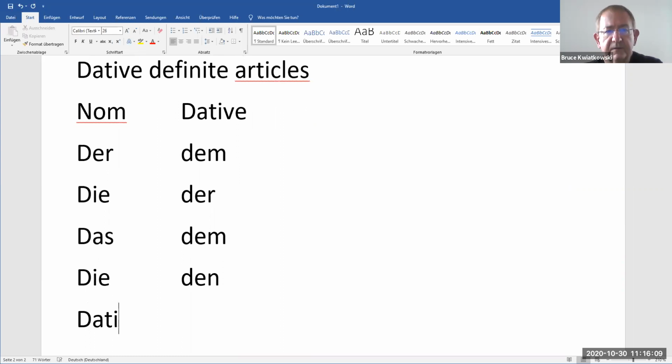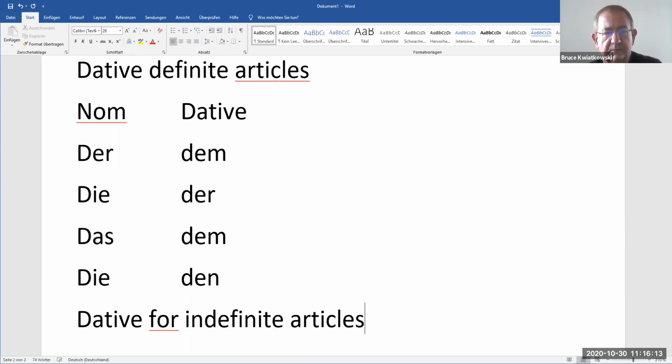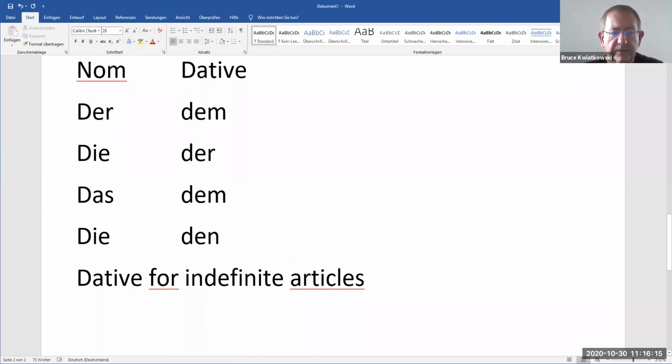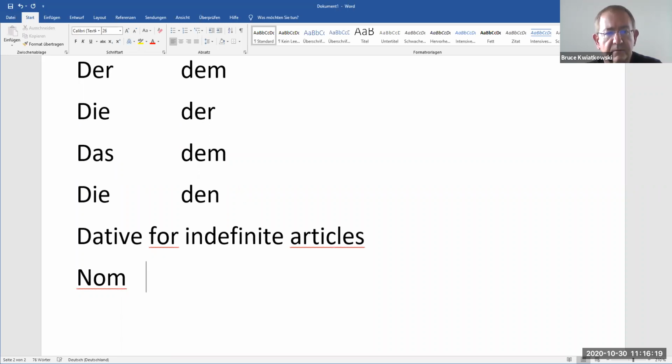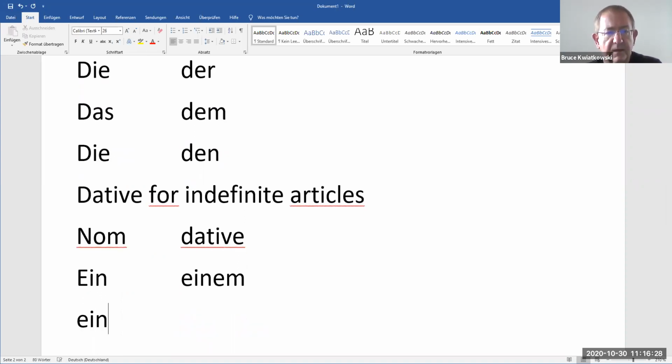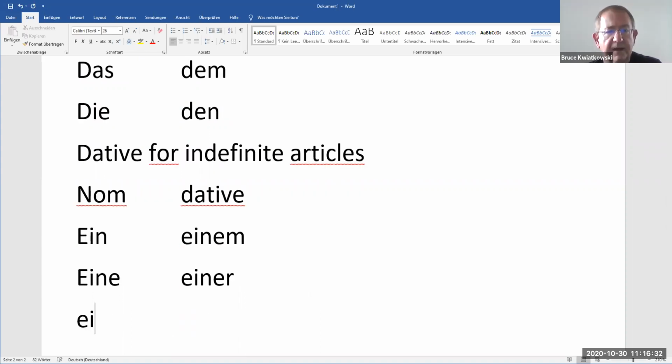Let's look at the dative of indefinite articles. They're going to be, for the nominative, ein, but for the dative, it can become einem for der words. Eine becomes einer and ein for das becomes einem.